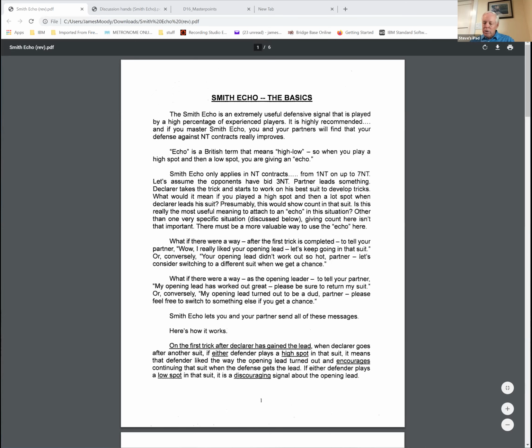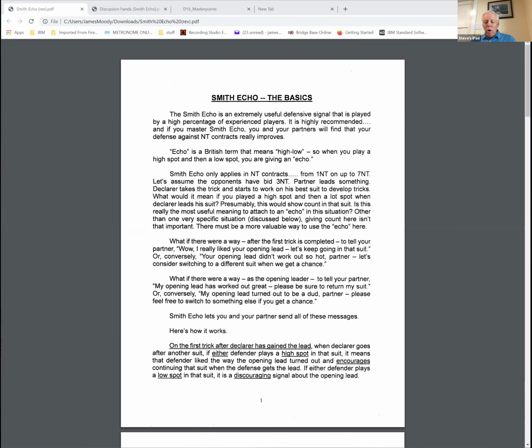Now, the way it works is on the first trick, and that's important, the first trick after declarer has gained the lead. So it might be trick 2, or maybe it's trick 3 because declarer won the second trick. Either way, once declarer plays a suit, the spot cards played by the defenders are Smith Echo.